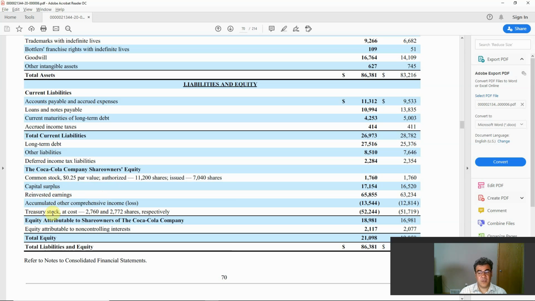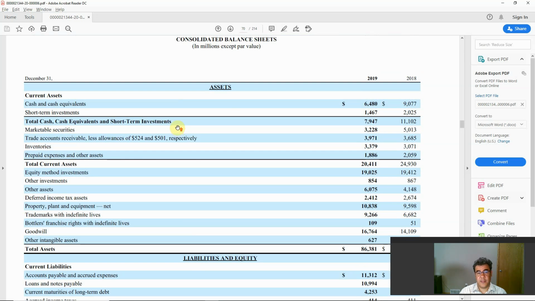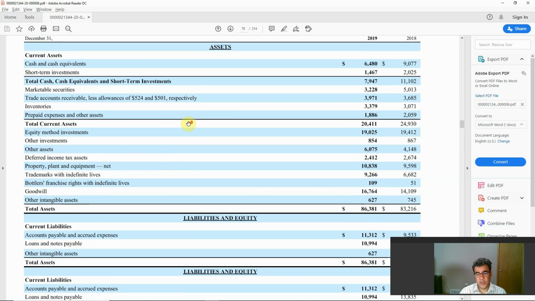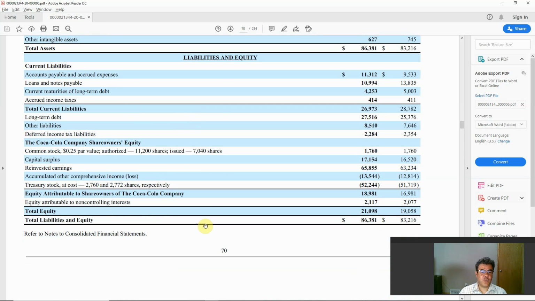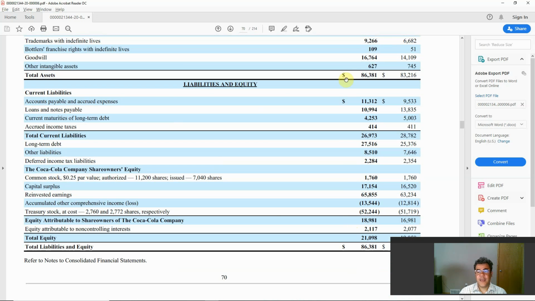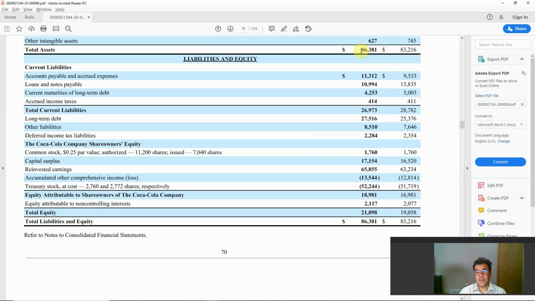So Coca-Cola here, they repurchase a lot of their stocks. And then here, minority interest, and it happens only on a consolidated balance sheet. That is what we have here. And then we have the total liabilities and equity. And remember our accounting equation, assets equal liabilities plus stockholders' equity. These numbers must match. 86.3, 86.3 over here.